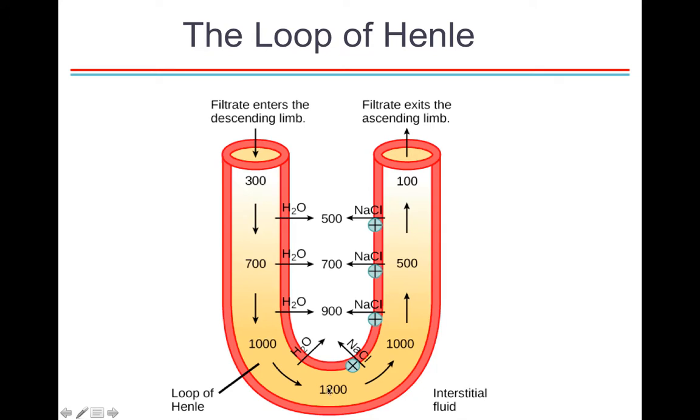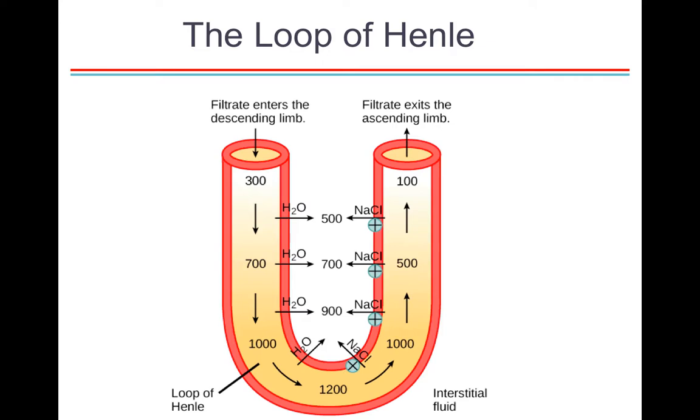Then, what we see happening in the ascending loop of Henle is the opposite story. Instead of seeing movement of water, what we're going to observe is the movement of salt. So in the ascending loop of Henle, we have salt exiting, and as salt exits, we see the osmolality decreasing from 1200 to 1000 to 500, and decreasing as we go up the loop.